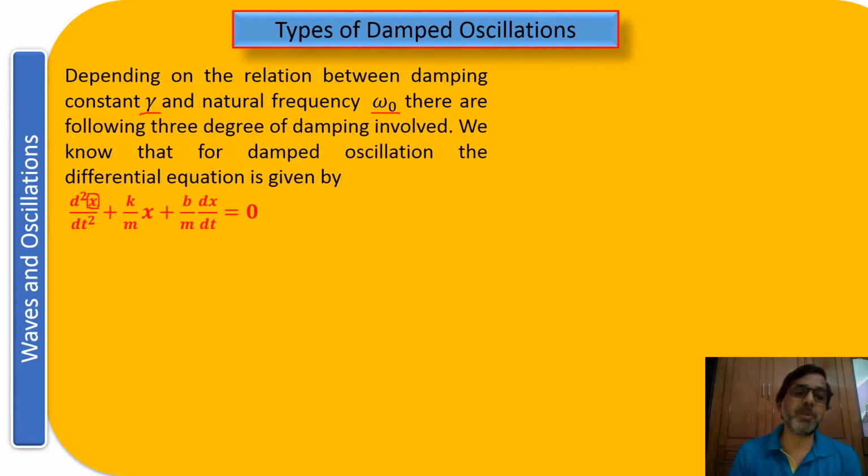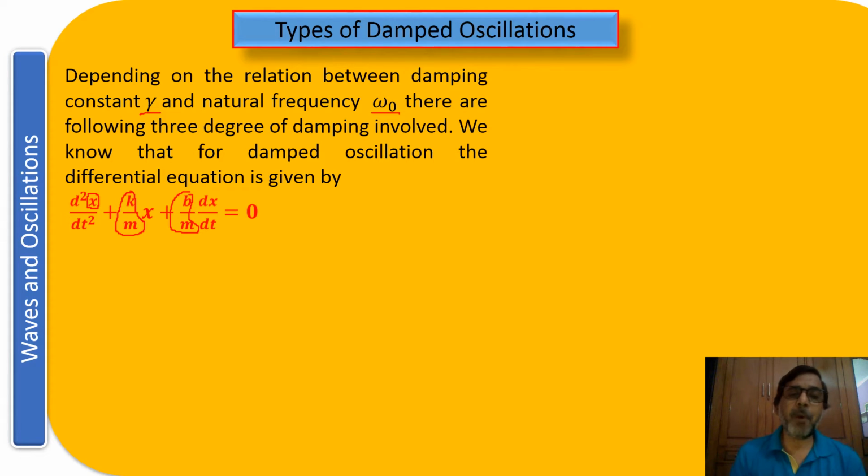That mathematical form we have already derived. Here k by m is the natural frequency, which we represent by omega naught square, and b by m, where b is the constant of the damping medium and m is the mass which was oscillating, we called the damping coefficient, which we represented by 2 gamma.